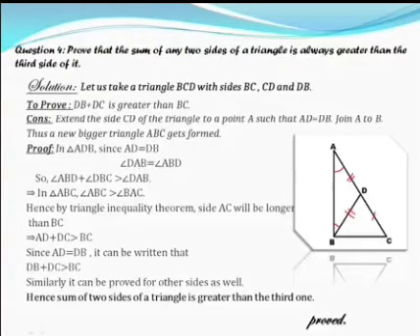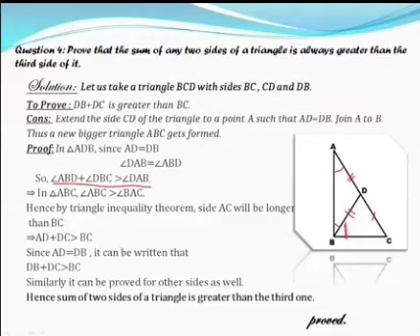So here what I have done is, I have added the angle DBC to the angle DBA of triangle ADB. This means this angle has been added to this angle. So the sum will be greater than angle DAB. Here I have written it, angle ABD plus angle DBC would be greater than angle DAB.